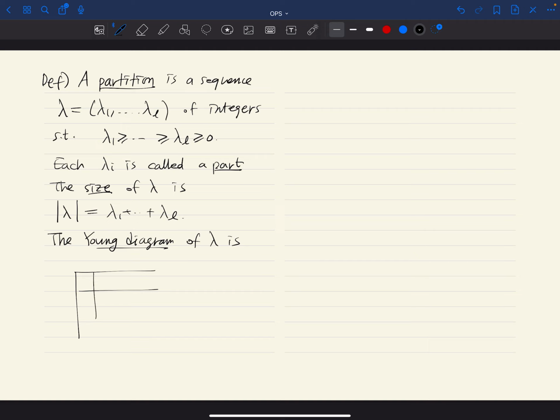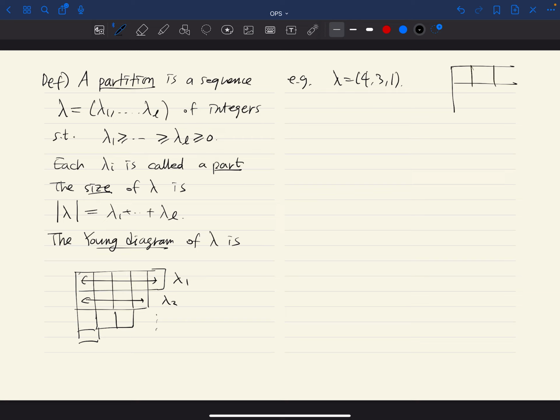We draw boxes like this, where the first row is lambda 1 boxes, then lambda 2 boxes, etc. So for example, if lambda equals 4, 3, 1, then this Young diagram is like that. So we can visualize a partition like this.